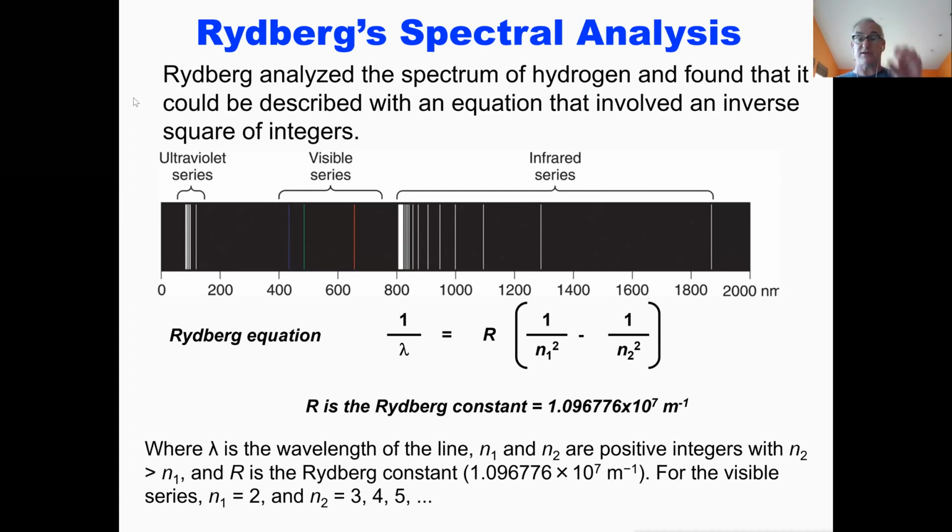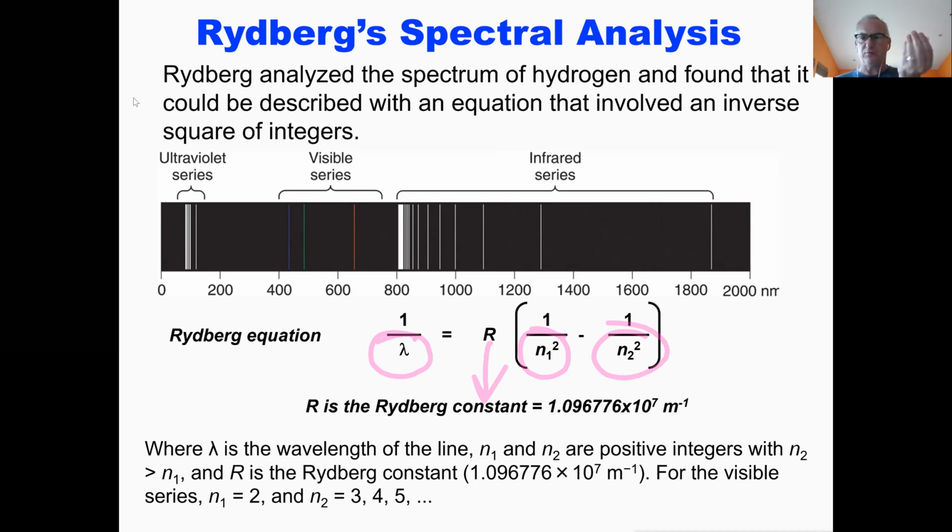What I want you to focus on is that when Rydberg was looking at all the different wavelengths, he could explain all of them with whole numbers. That's the key to the whole thing. So he derived this constant, and someone came up with the idea to name it the Rydberg constant. Well, there you go.